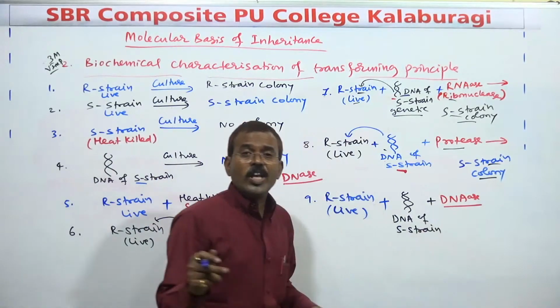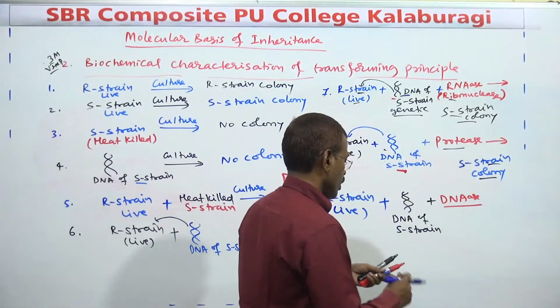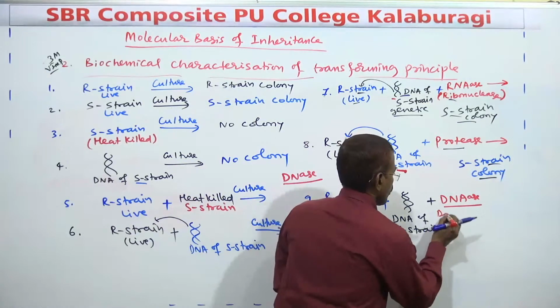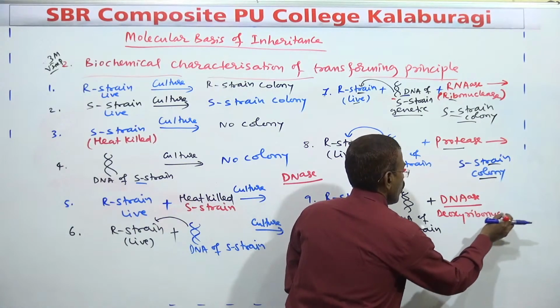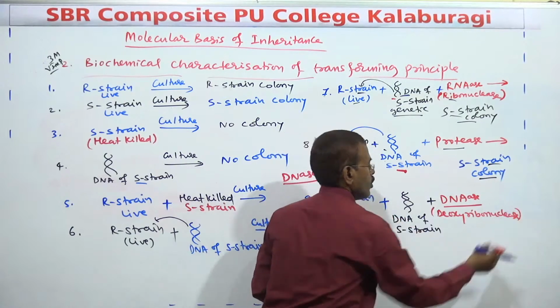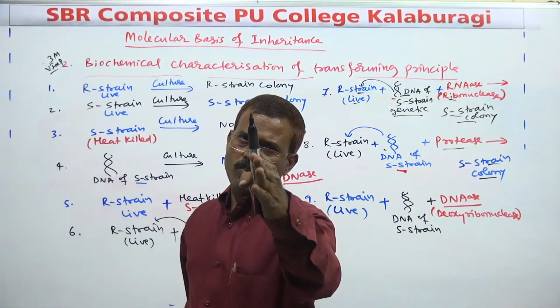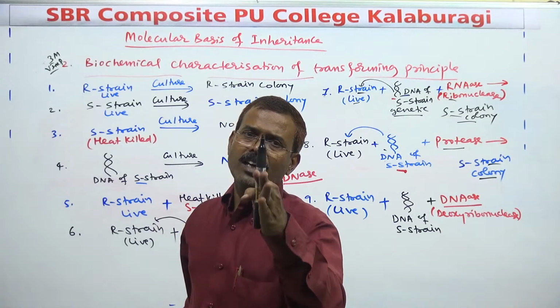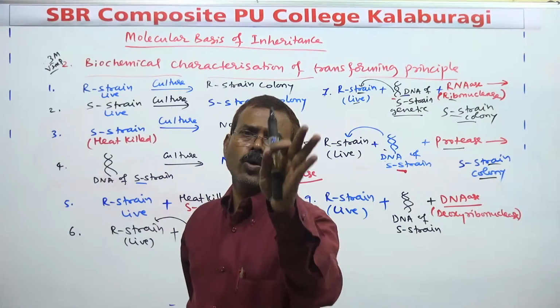DNase is a nuclease enzyme. Just as we had ribonuclease, this is deoxyribonuclease enzyme. Nuclease enzymes are the enzymes which act on genetic material and break down the genetic material into simple monomeric units like nucleotides.